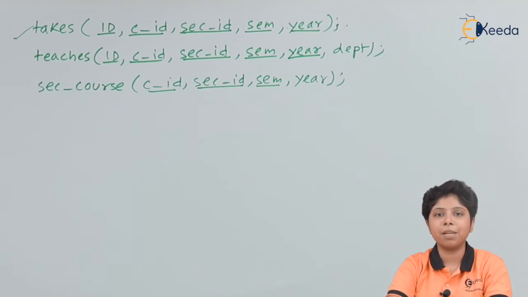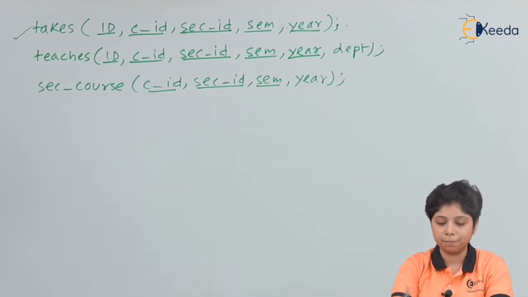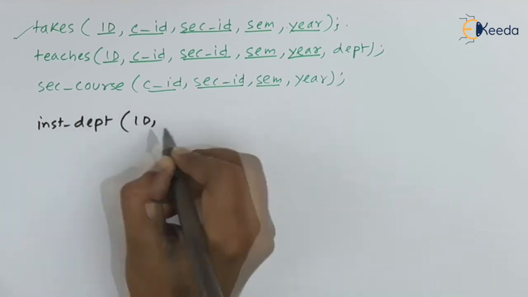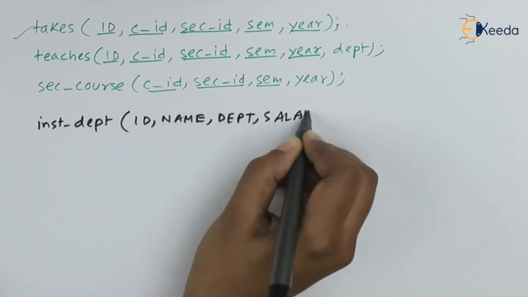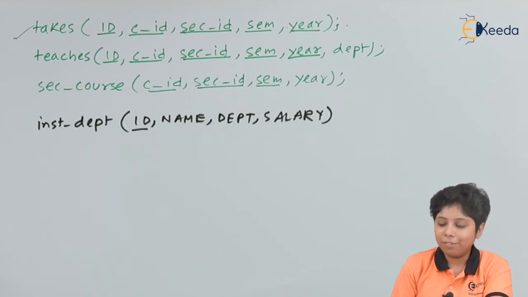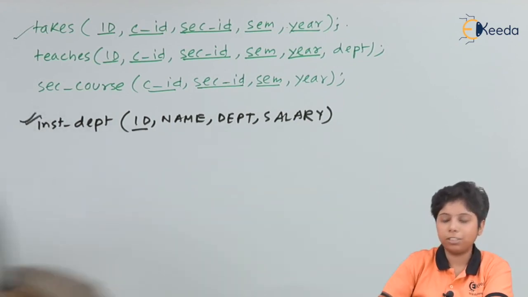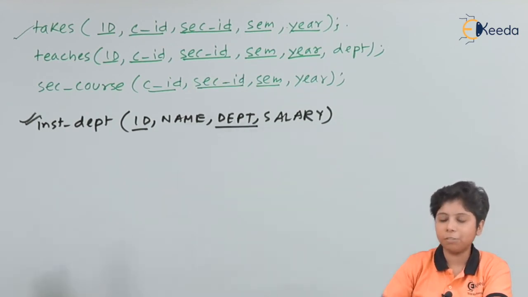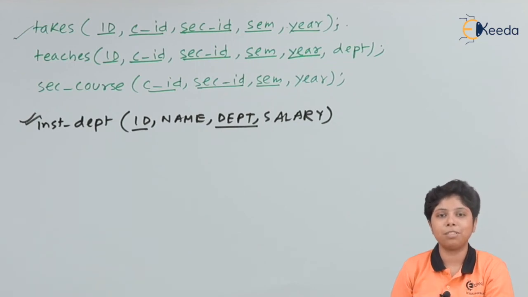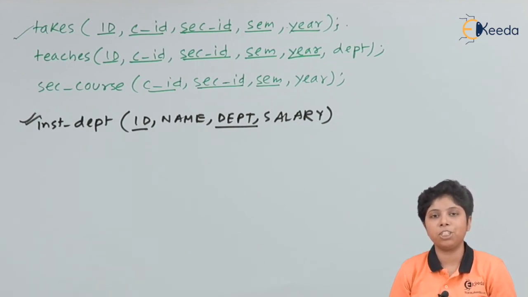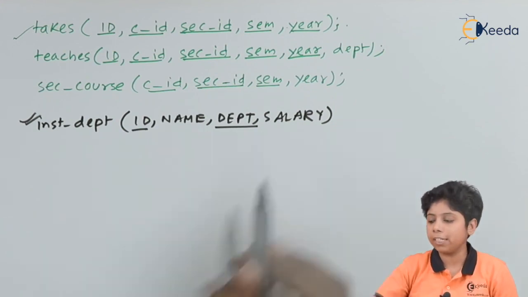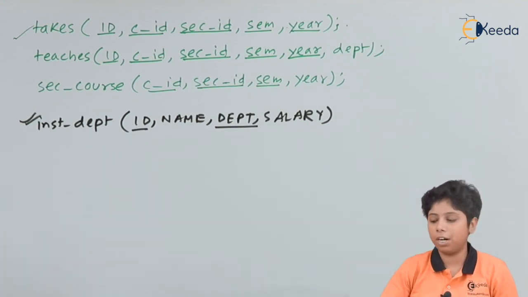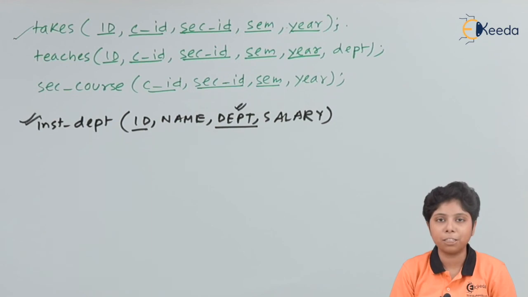Now if I combine them and make an instructor-department relation, which consists of this, I am left with only the instructor fields, not the department ones, because I am making a meaningful schema by making the department a reference to the department table, where we can have all the information on department name, building and budget. So we need not attach the building and budget here. We are just using a foreign key constraint department to refer to the department table.